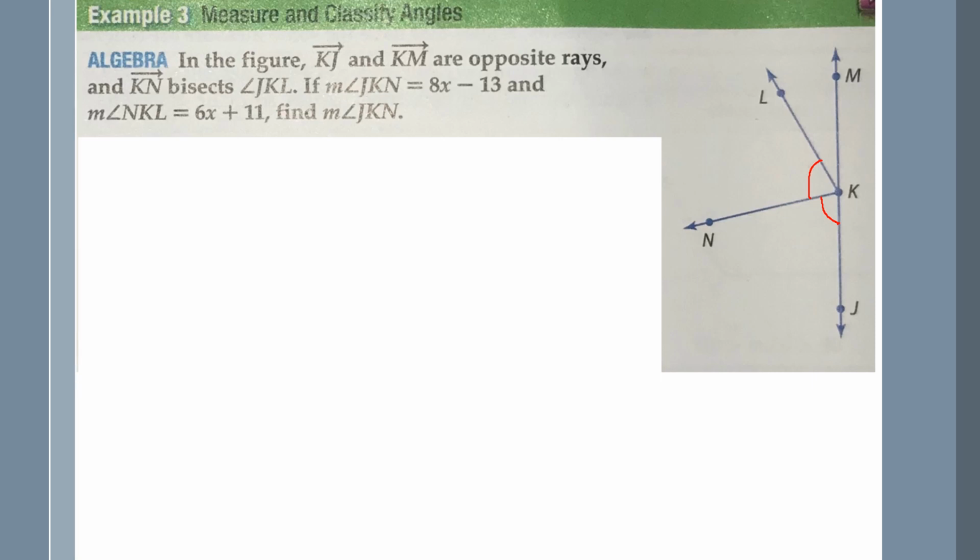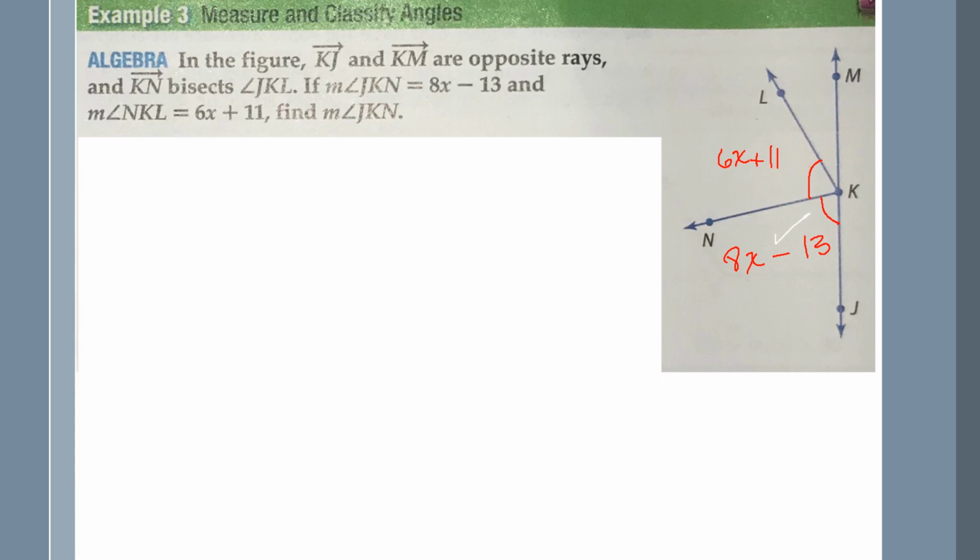All right, so it says then angle JKN, so this angle is equal to 8x minus 13. Angle NKL is equal to 6x plus 11. Right? We want to find the measurement of this angle here.